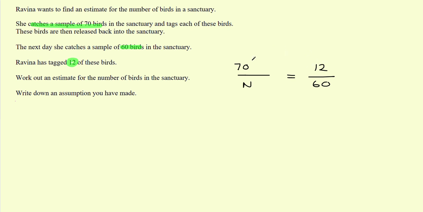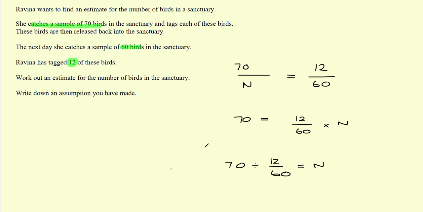Okay, so you're either thinking, well, 12, what has 12 been multiplied by to get to 70? And you could figure that out by doing 70 divided by 12. Or we can rearrange it. So I'm going to rearrange it. We're going to do 70 is equal to 12 over 60 multiplied by n. So therefore 70 divided by 12 over 60 is equal to n, and you can put that straight into your calculator.